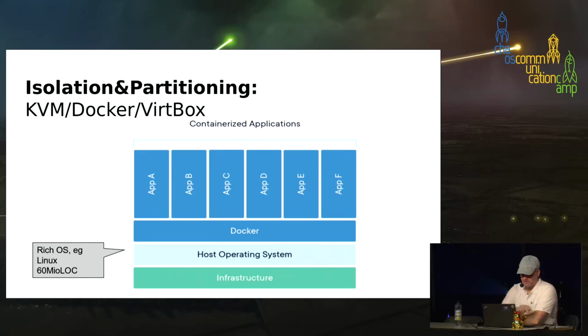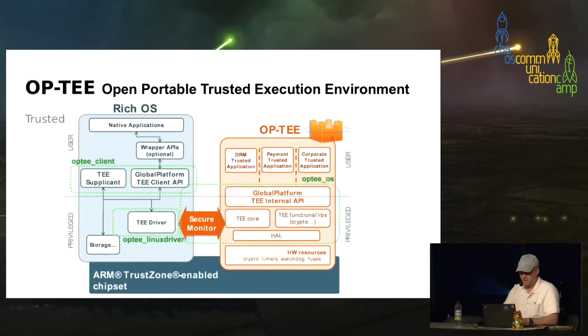And Linux is 60 million lines of code. So it's quite a big system, and it's not possible to verify the system. OP-TEE would be the next level regarding complexity and security.